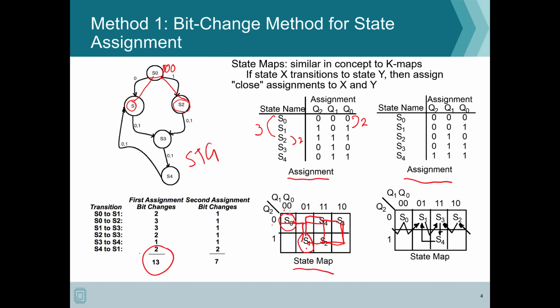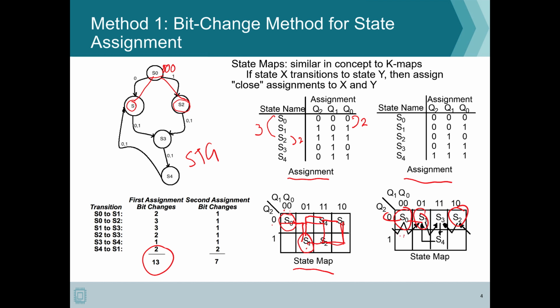So then if I actually try to optimize or do a better placement, I know that I have S0, and S1 and S2 are the next states of S0. So you can see that I've placed them one jump from S0.